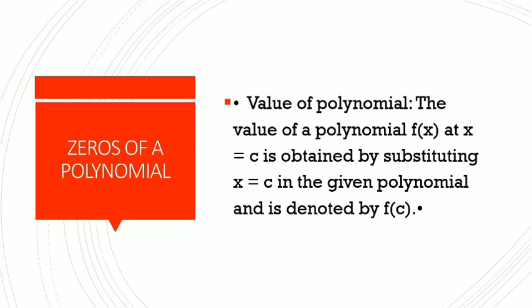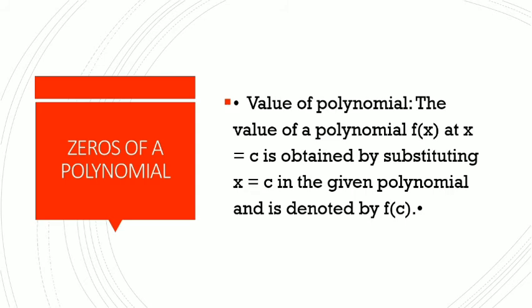Now, zero of a polynomial. Value of a polynomial: the value of a polynomial f(x) at x equal to c is obtained by substituting x equal to c in the given polynomial and is denoted by f of c. This is called the value of a polynomial. Now, when we go for the zero of a polynomial, we have to go back to the previous concept.